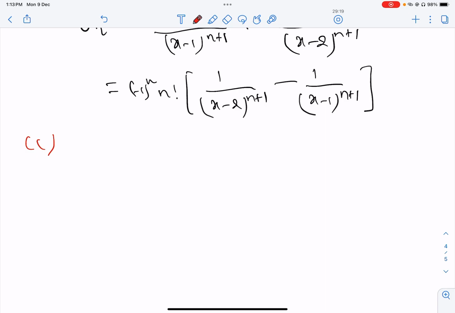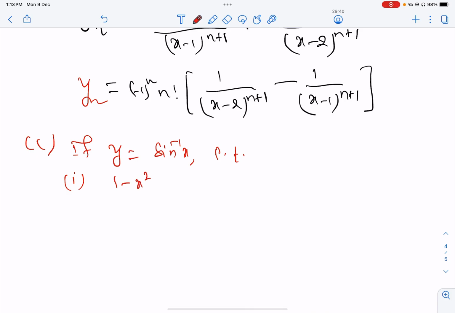So it says like this: if y equal to sine inverse x, prove that (1 minus x square) y2, second derivative, minus x y1 equal to 0.